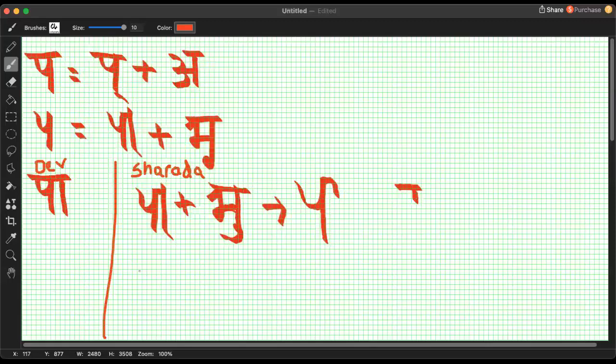This is pi. If you're writing this in Sharada, you will first write the root alphabet, and this is the i matra.